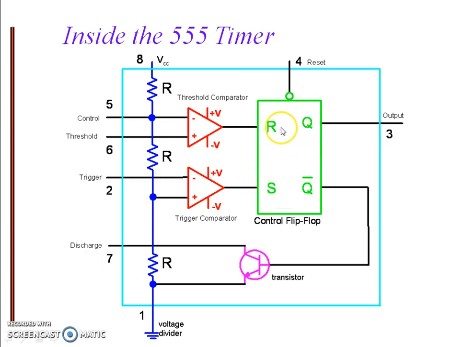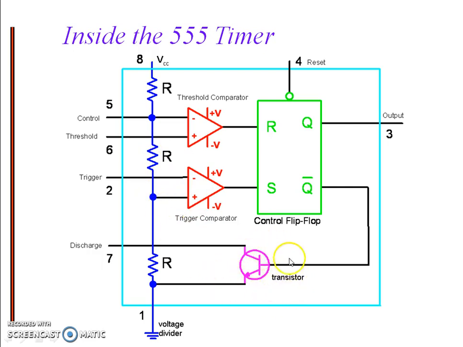Basically here we use an RS flip-flop, and the output Q of the RS flip-flop is connected as the output of the timer. The circuit involves operational amplifiers connected as upper comparator and lower comparator. The inverting terminal of the upper comparator is connected between two resistors, and the non-inverting terminal is connected between two resistors.